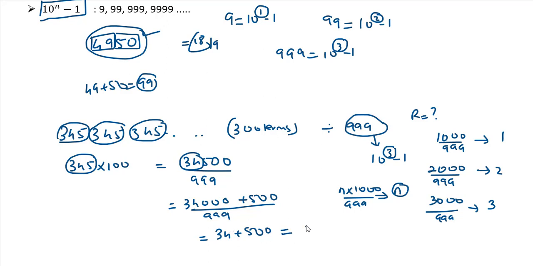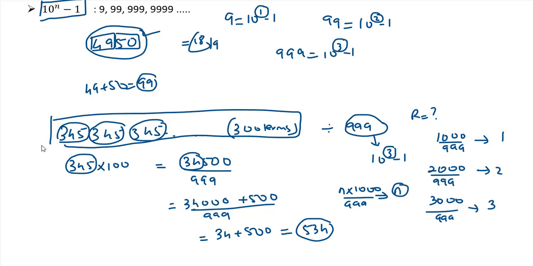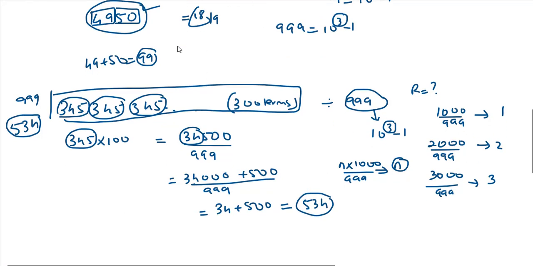So the remainder will be 534. Hence the remainder of this entire number when it is divided by 999 will be 534. In the similar way, you can find the remainder when the number is divided by 99999, 4 times 9, and so on. You can also check for divisibility.